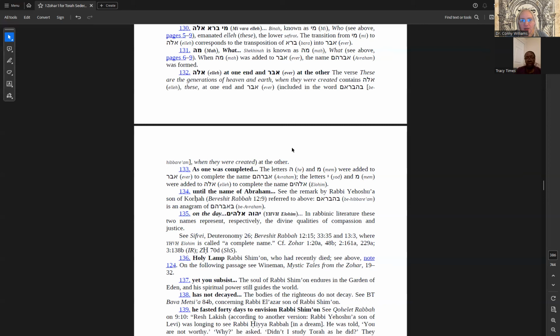In other words, when you see who in the scripture or these, on the Sod level, we can ascribe who to Bina. Or when it says these, we can ascribe the Sephirot to that word, depending on context, of course. So these is another name for the lower Sephirot. And then it says the transition from Mi to Ele corresponds to the transposition of bara into Eber.